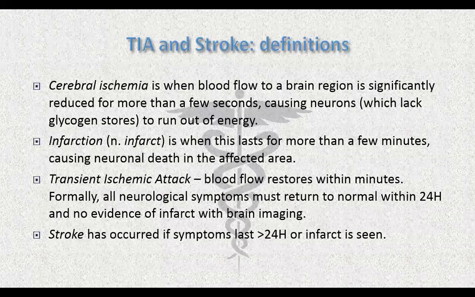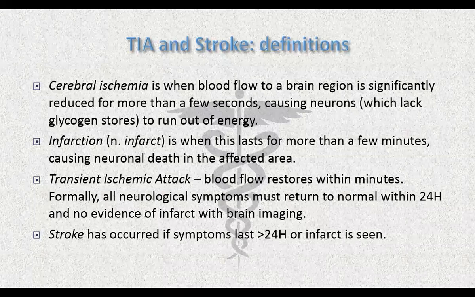And so you'll hear about patients who have TIAs and patients who have strokes. And the difference at the clinical level is the duration of the symptoms. And at the neurological level, it's basically whether or not that tissue dies. So if the symptoms resolve within 24 hours, classically that would be regarded as a TIA and not a stroke.